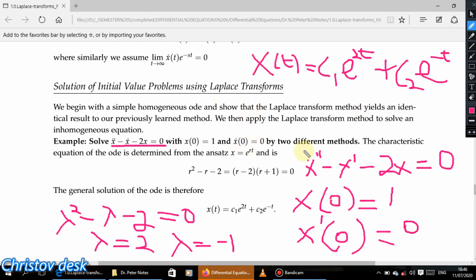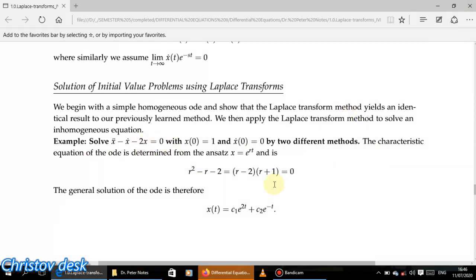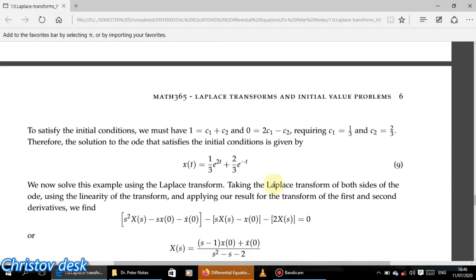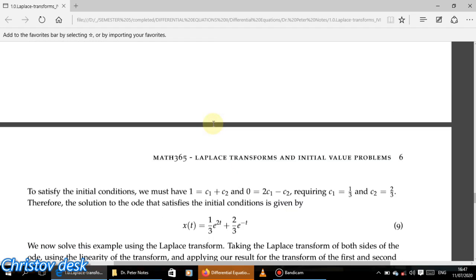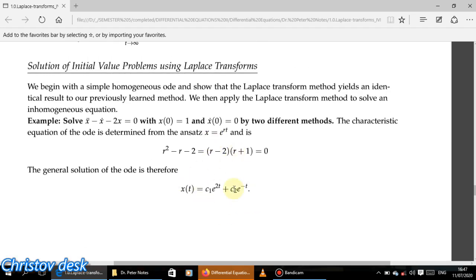So this was what we did by using the method of characteristic equation. All right, so what if you are using the Laplace to do that? So now you can go ahead, given the initial conditions. When you find this, given the initial conditions, x of 0 is equal to 1, and x prime of 0 is 0.